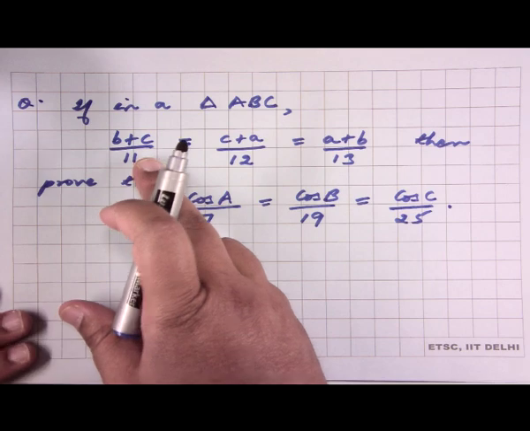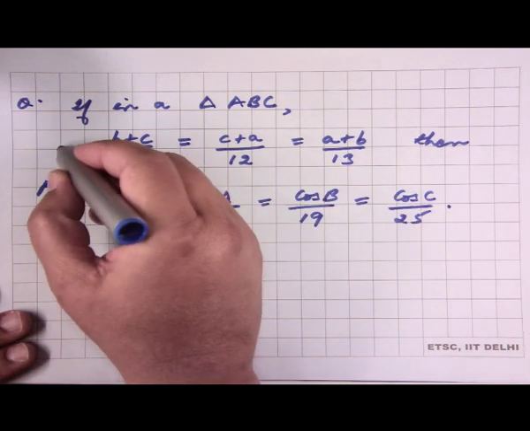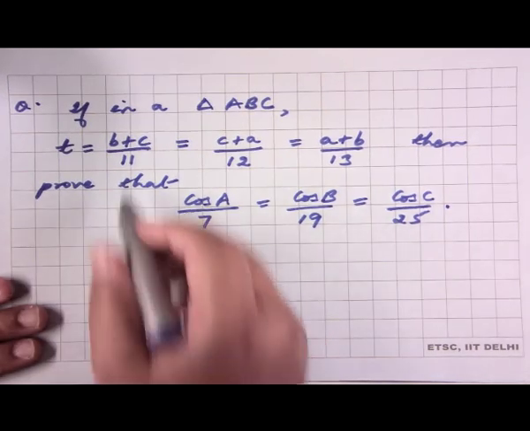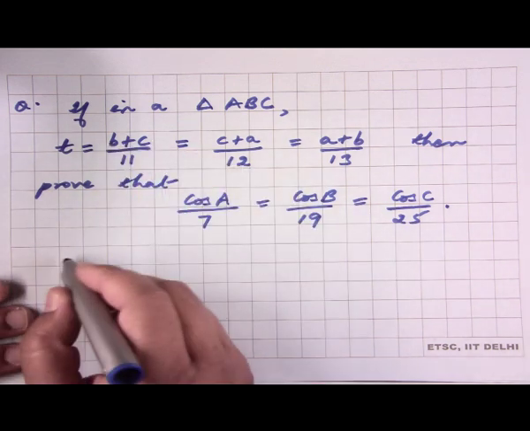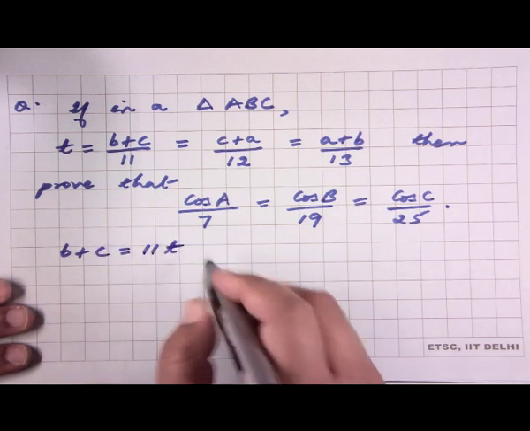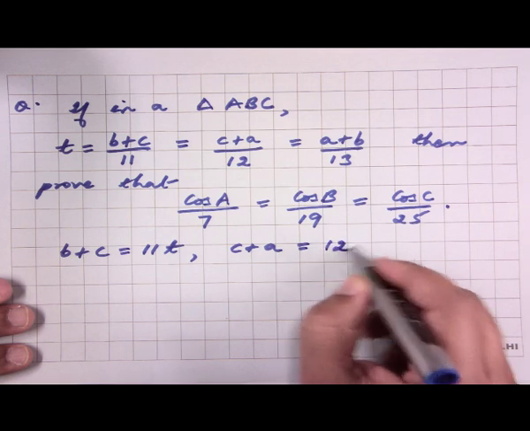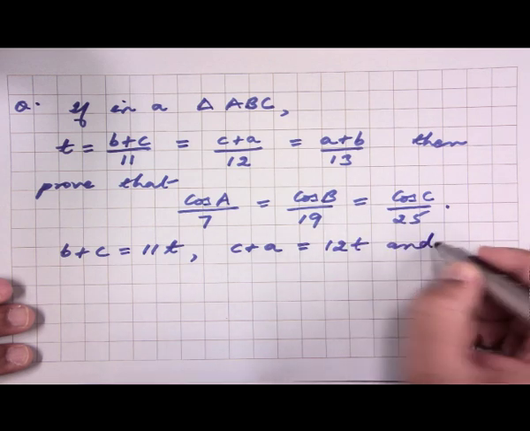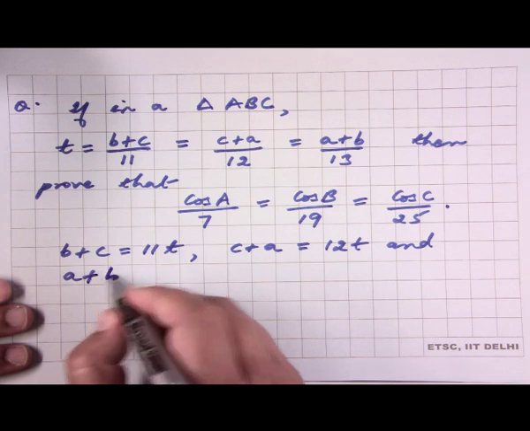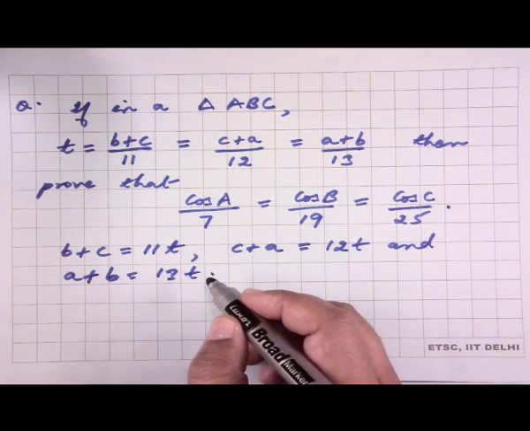Now, since all of these are equal, let us say that they are all equal to t. Therefore, we get that B plus C is 11t, C plus A is 12t, and A plus B is 13t.